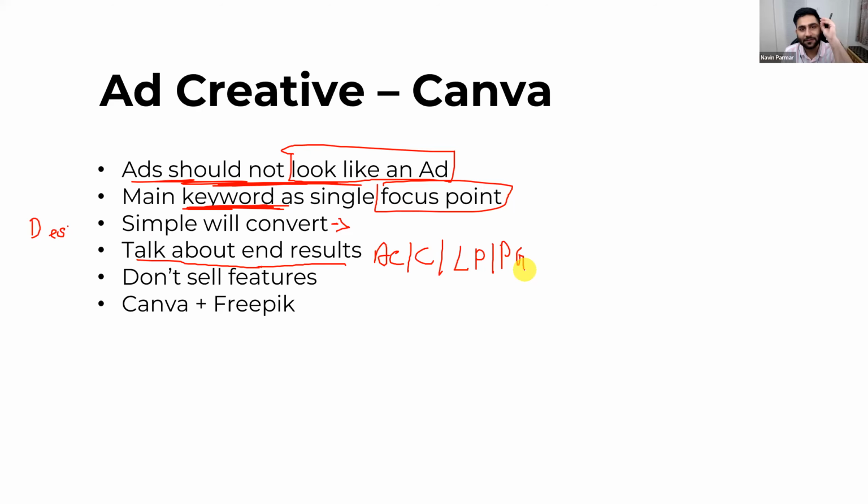They don't want to buy its features. They want to buy what they will get after using your product and service. What is the end result? I don't care about your interior designing services. How will my house look? Can I boost my social status? Okay.